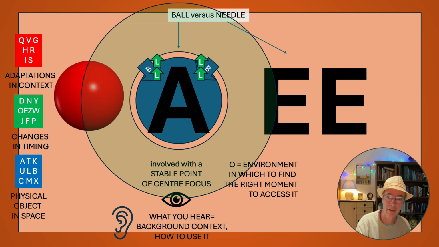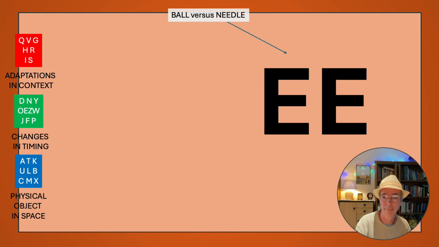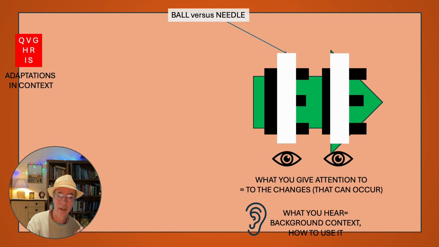Now I add the needle to it. Needle is with E, the E or the A. A is about timing. So you have that context, I mean the direct association that timing or changes will involve. So we will have an attention not to a physical thing.